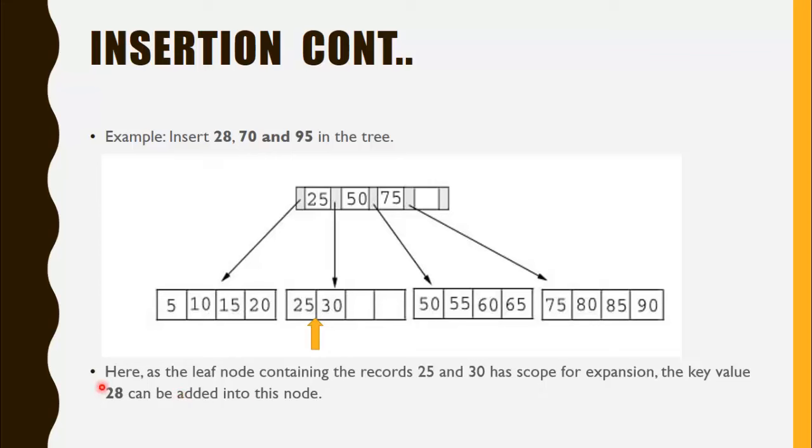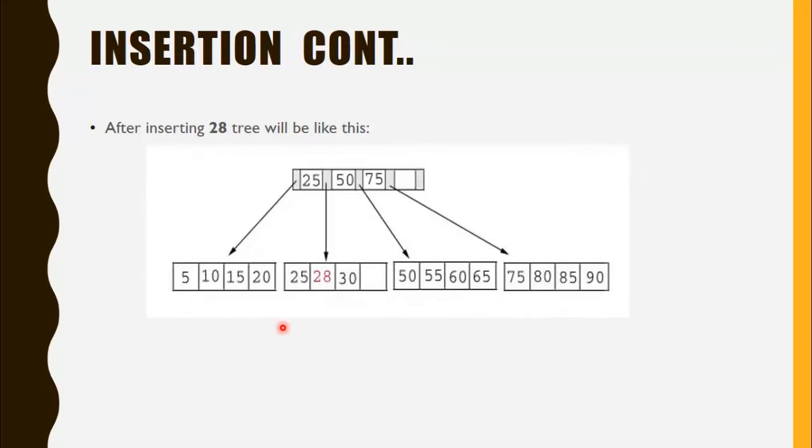The key value 28 should be inserted in this node. What I mean is that if we took this 28 and didn't insert it over here, and just shifted here, it would violate the rule and not satisfy all those conditions.